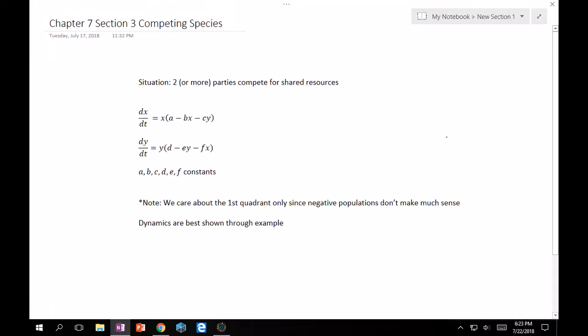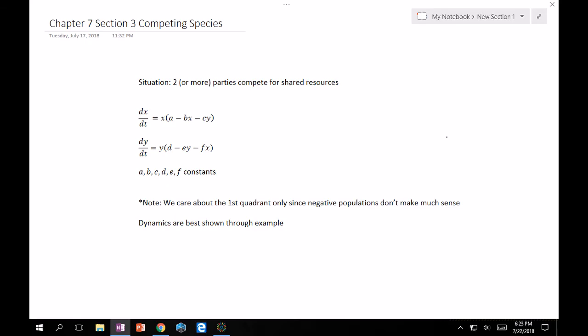Hey everyone. So the scenario that we're going to look at now is called competing species. Basically, what's going on is that two parties, and if you want to get into higher order systems, more parties or groups, whatever you want to call it, compete for shared resources.